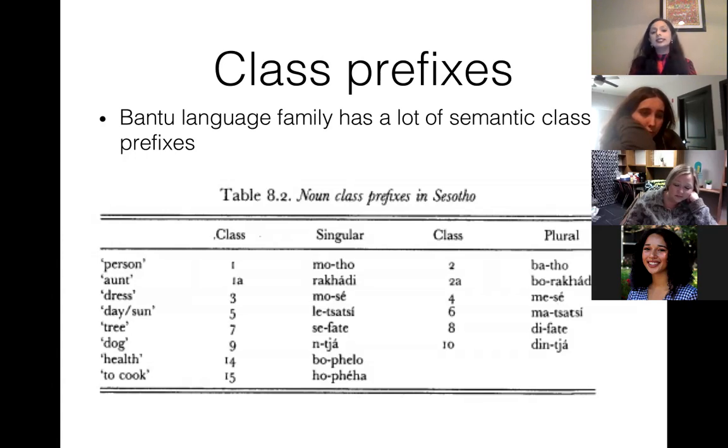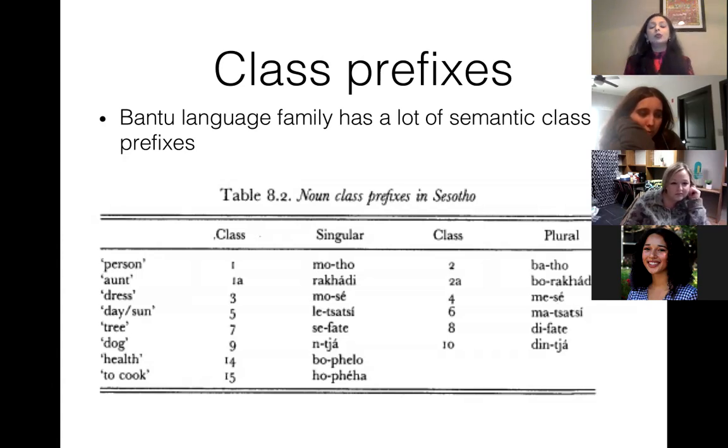So here is an example of Sesotho, which is a Bantu language spoken in Africa. I've given you a table with different noun classes, as well as a singular form and the plural form, because depending on whether it's a singular or plural noun, the class actually changes. They don't really belong to the same class anymore.